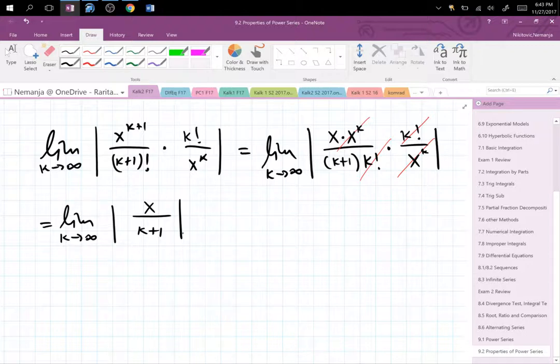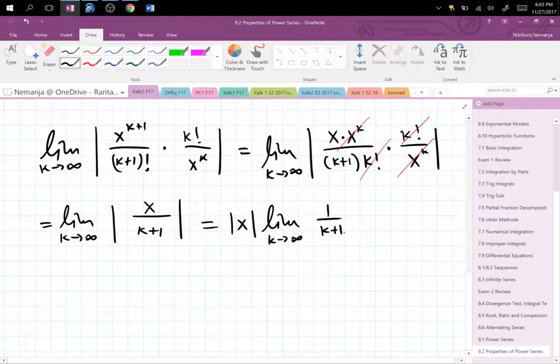So I'm going to kick this x outside of the limit and focus on the limit of 1 over k plus 1. Now, what is the limit of 1 over k plus 1? 0. Very good.